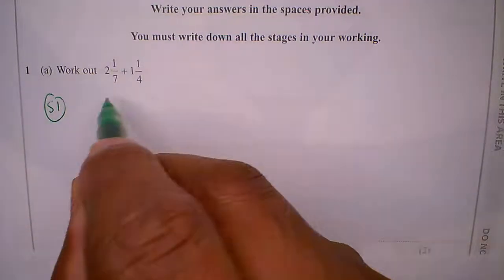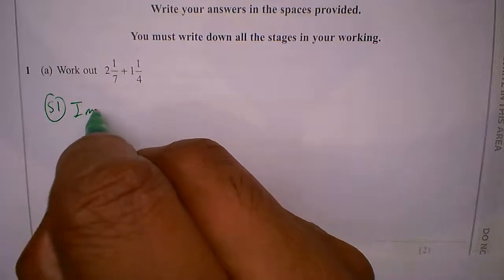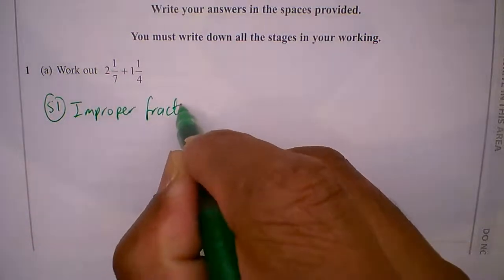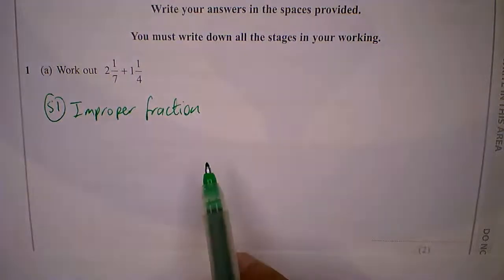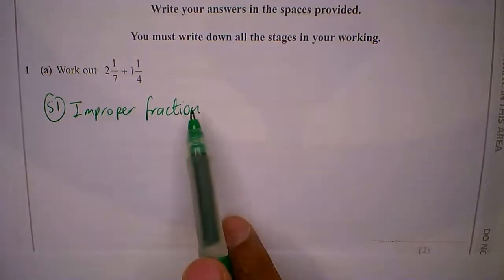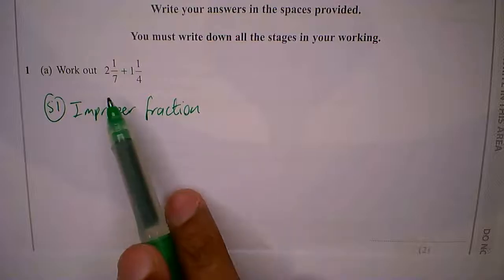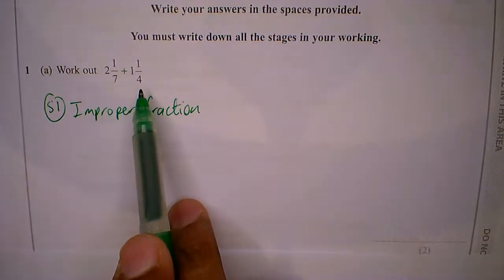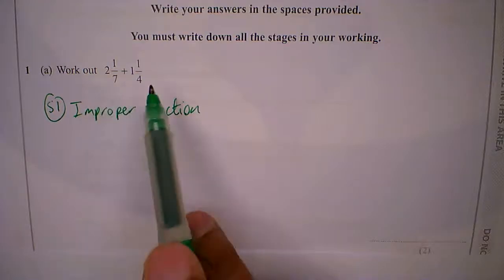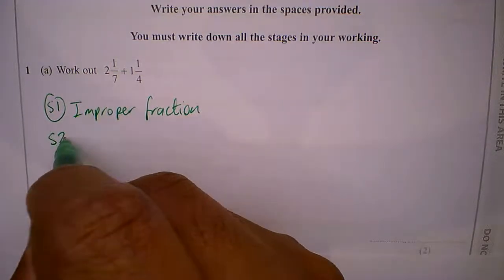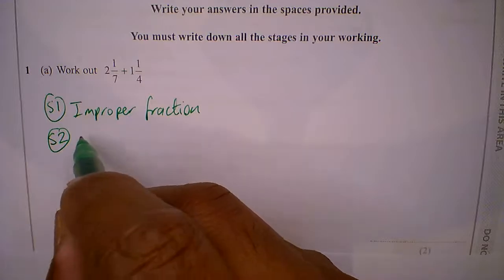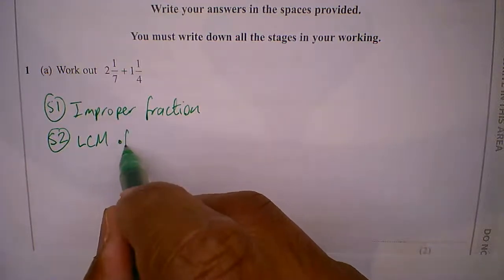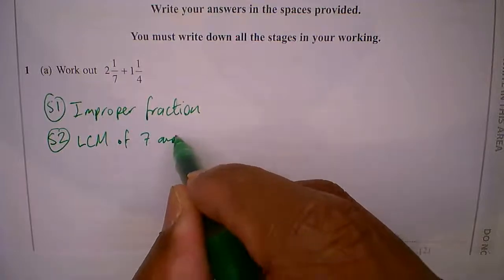Step 1, we need to change this to an improper fraction. Now I can see that I've got a denominator of 7 and a denominator of 4, so I need to make this the same denominator. So step 2 will be to have the LCM, lowest common multiple, of 7 and 4.